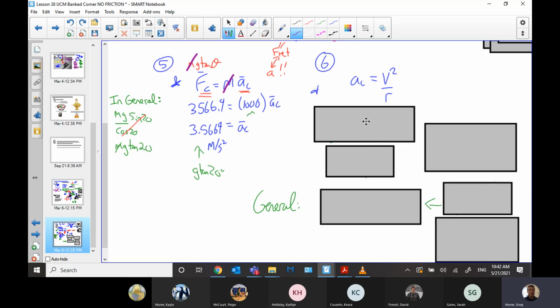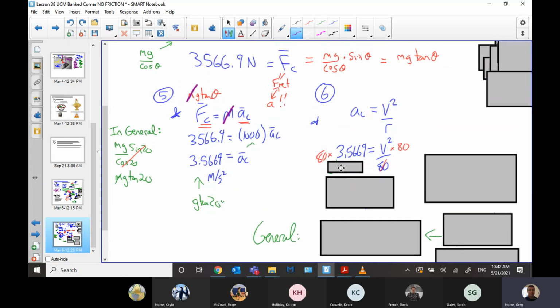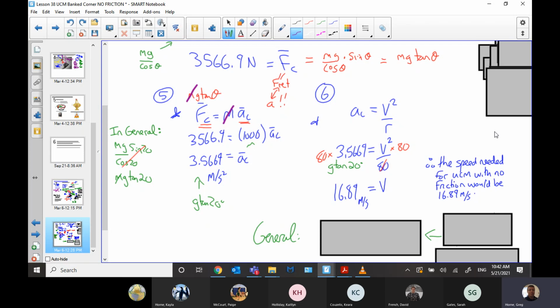So now that we have the centripetal acceleration, it shouldn't be too much of a surprise to say, okay, well, we've got v squared over r, and so we can multiply it all out. Notice it's g tan theta.